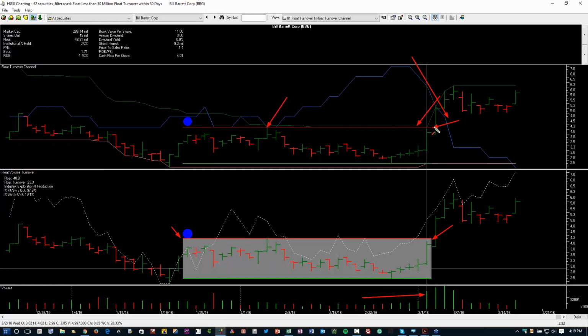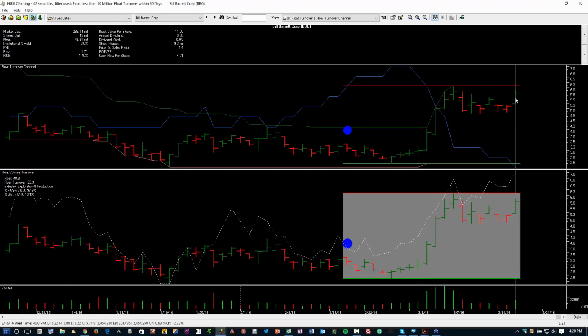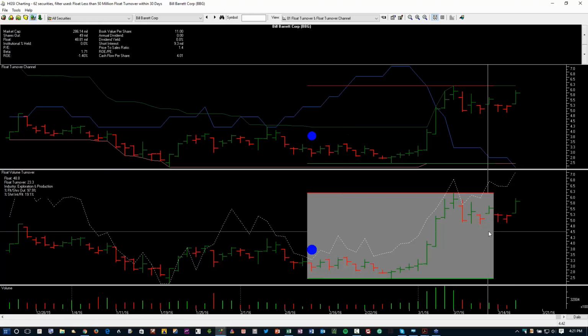And consequently, the buy point here, if it were at $4, it closed, what did it close at today? Well, I need to click on that date, just a sec. Closed at $5.74. So from $4 to $5.74 in a matter of a few days, and now you can see that it's been basing sideways.